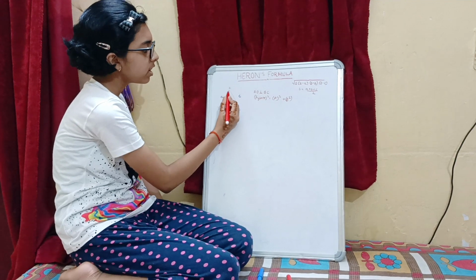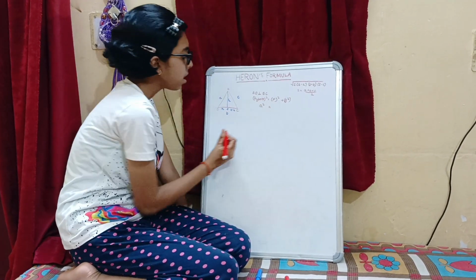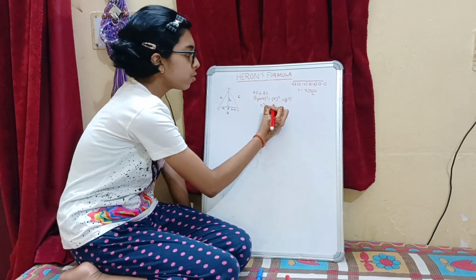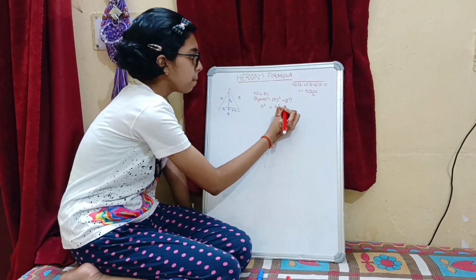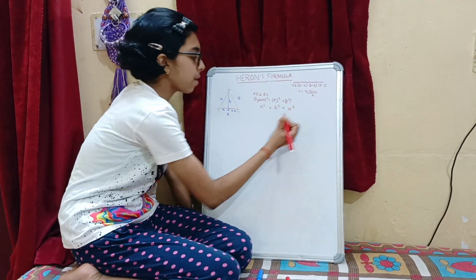Here hypotenuse is AB, that is a, so a square is equal to perpendicular h, so h square, plus base is our x, that is BD, so x square.